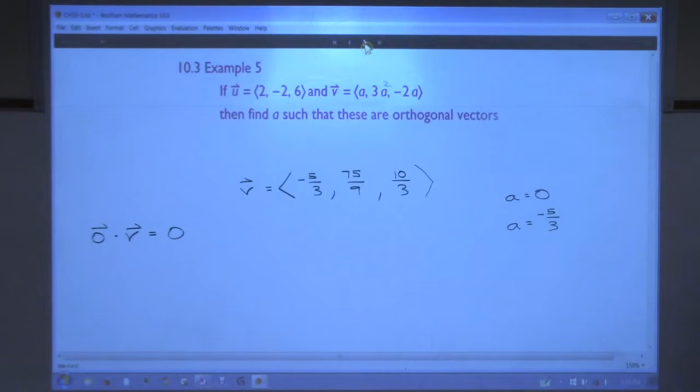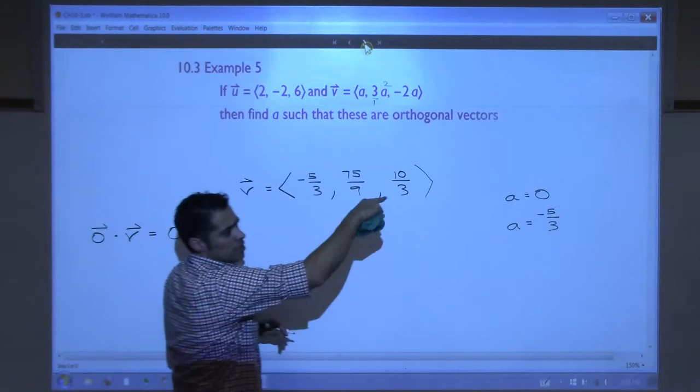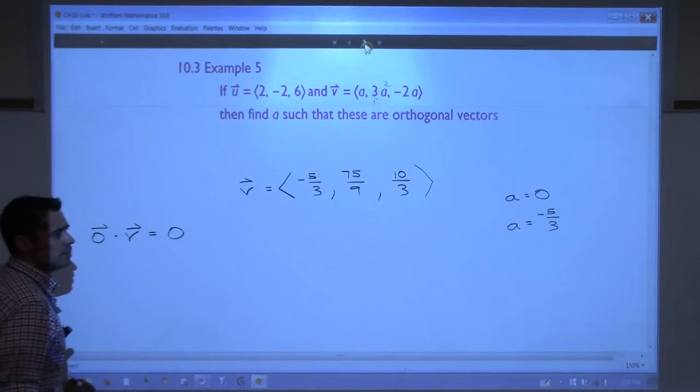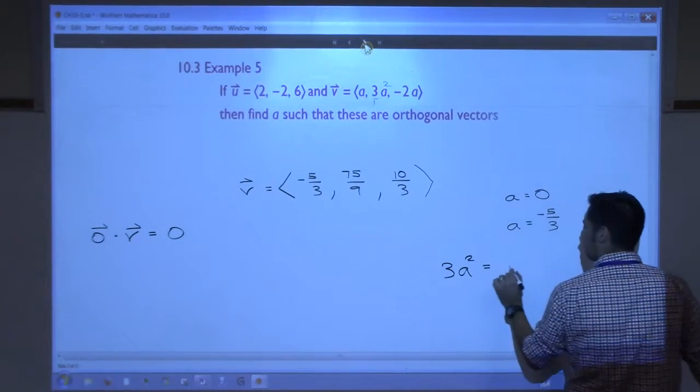The 3 is on the top, though. The 3 is like a 3 over 1. So the 3 goes across the top to the 25, 75.